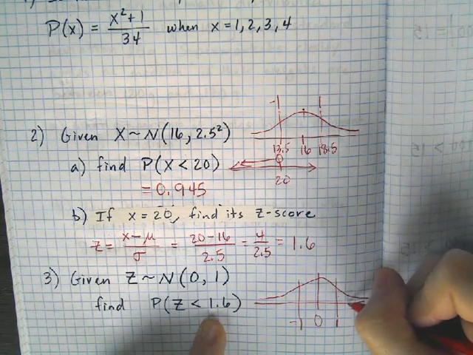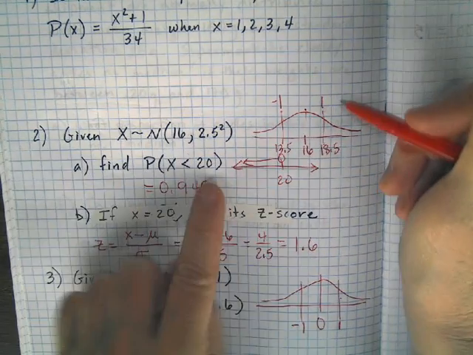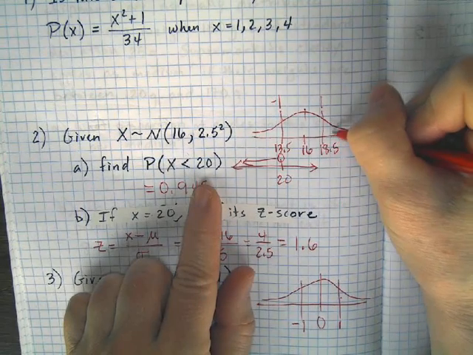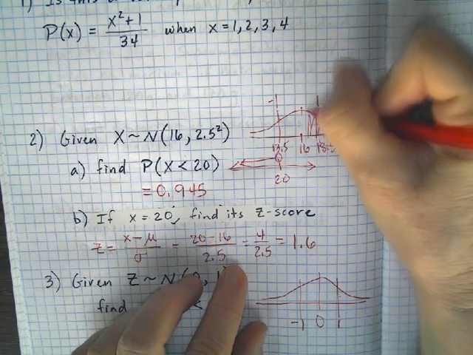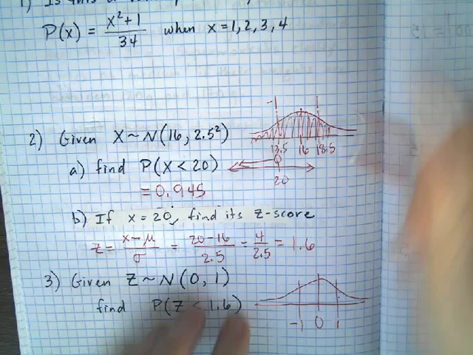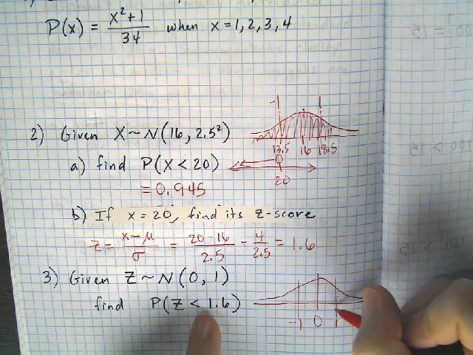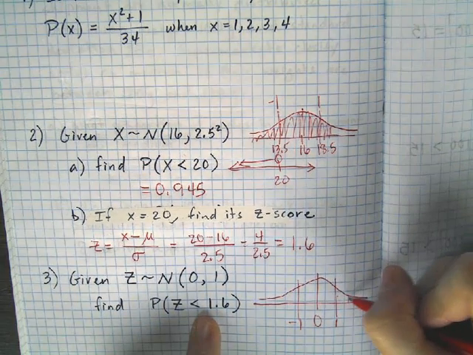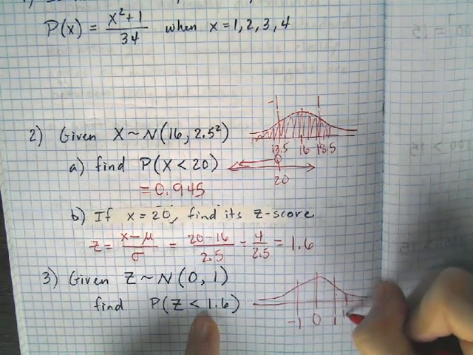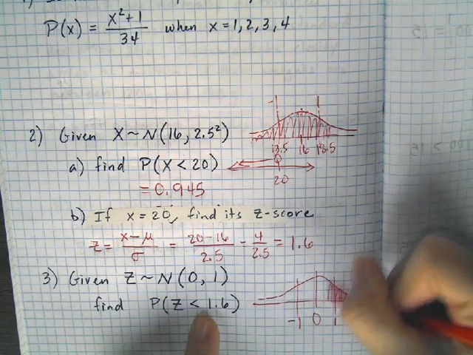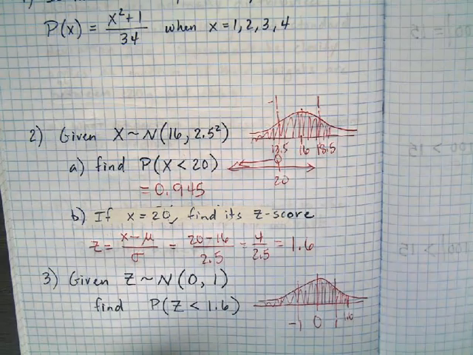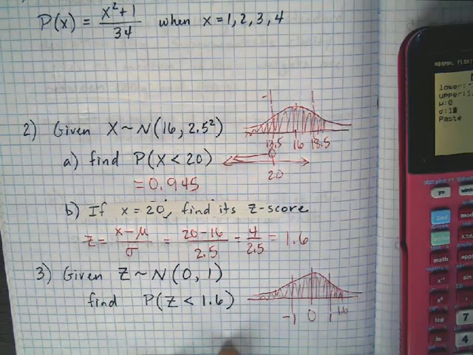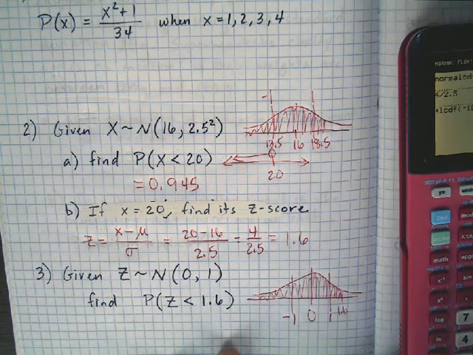Just like 20 was going to be over here somewhere, and we were looking for everything less than 20. Same thing here, 1.6 is going to be over here somewhere, and I'm looking for the probability of all of this. Oh, looks kind of familiar, huh? So let's get that answer.